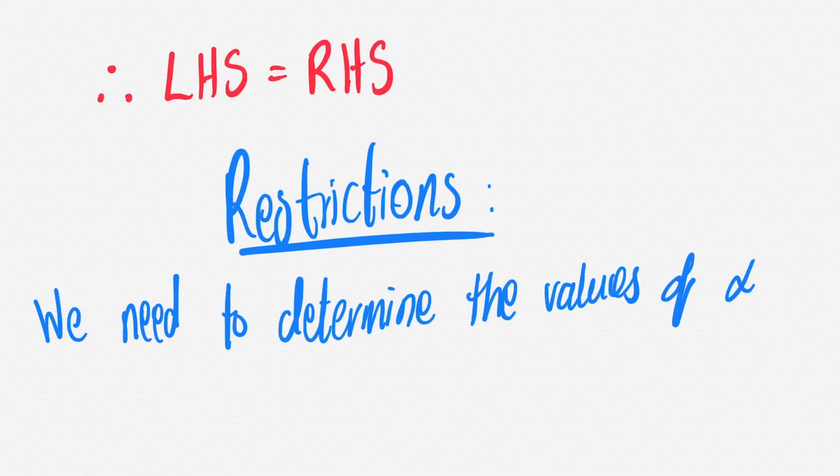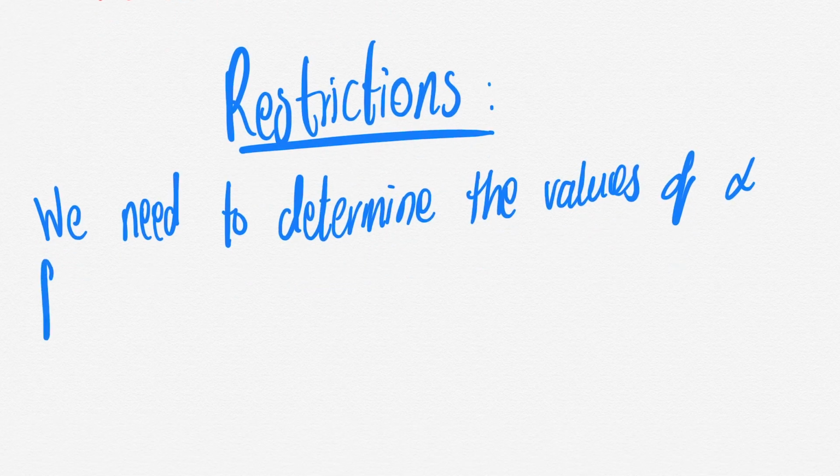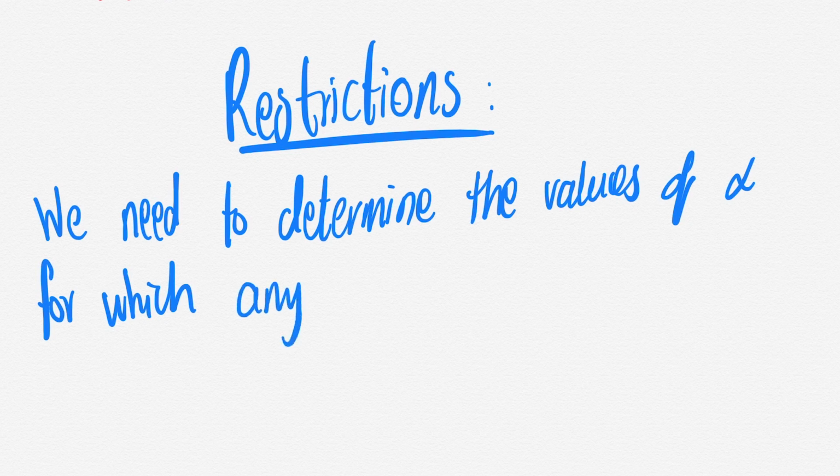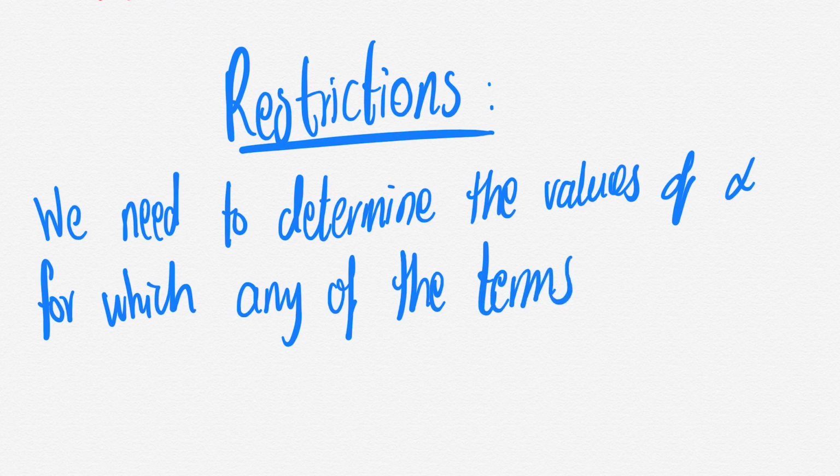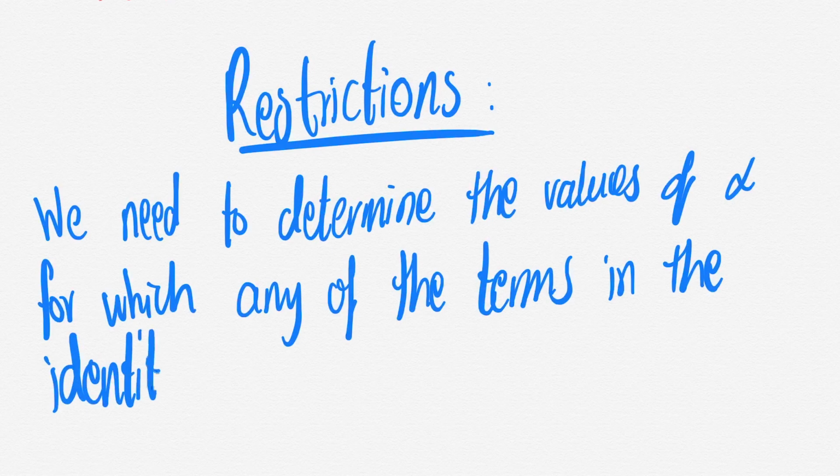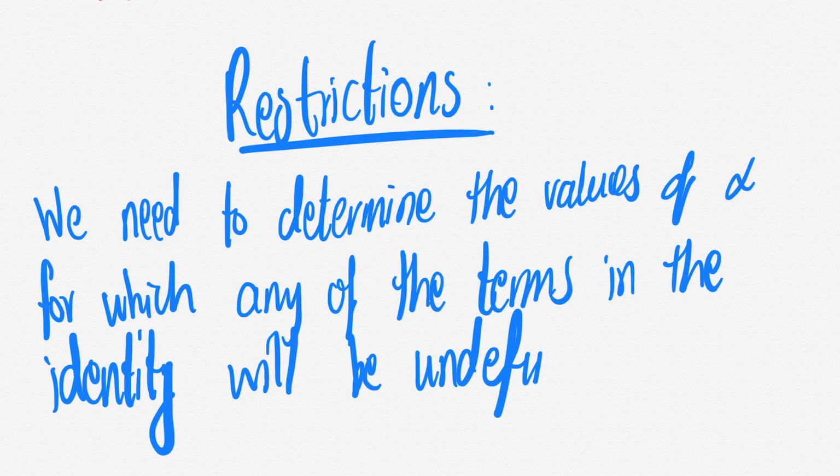So the values of alpha for which any of the terms are undefined. Okay, so we need to determine the values of alpha for which any of the terms in the identity will be undefined.